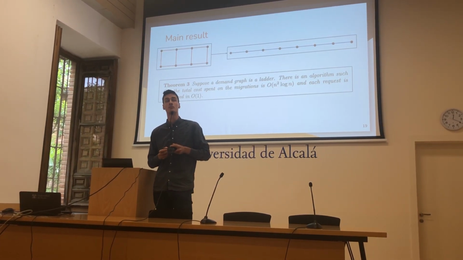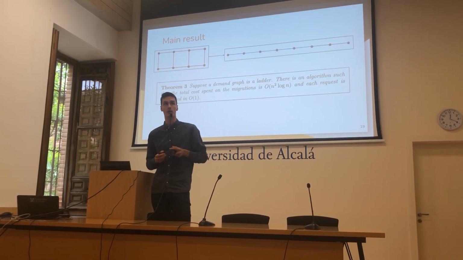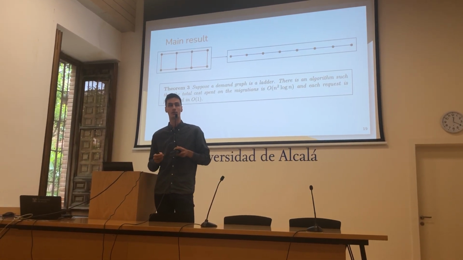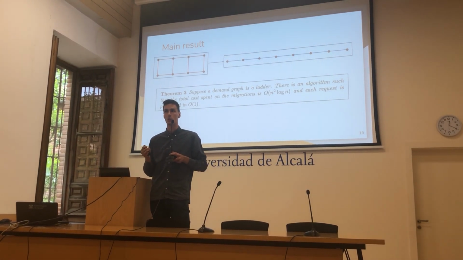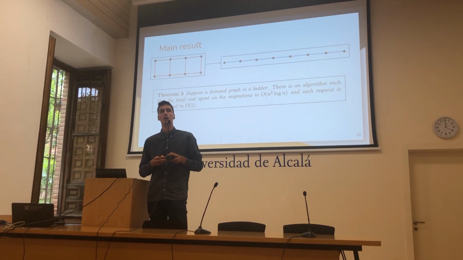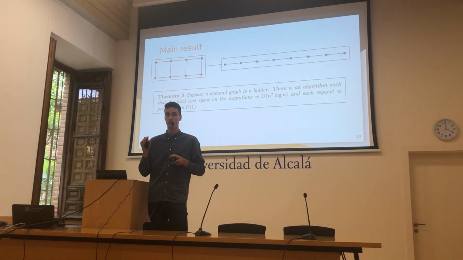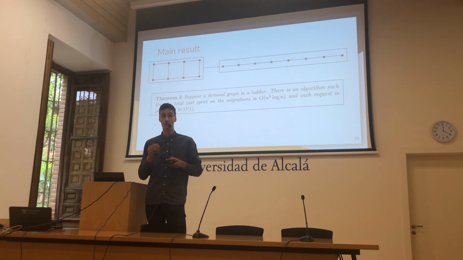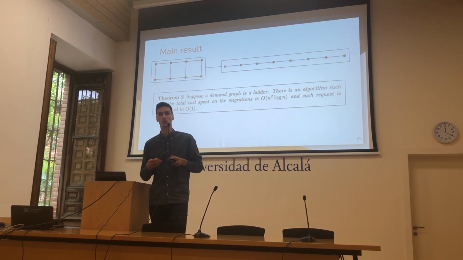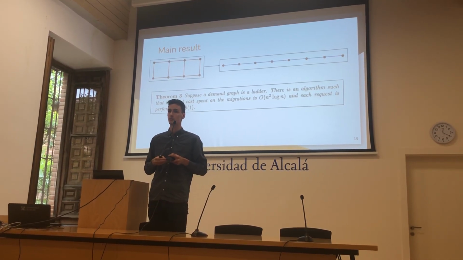What is our result? We made a step further, and we no longer consider a line demand graph, but rather we consider a 2 times n grid, a demand graph depicted here in the upper left. And I will refer to this graph as a ladder graph, because it looks like a ladder. So our theorem is a straightforward analogy to the previous theorem, and it says that there is an algorithm for the ladder which also spends n squared log n cost for doing swaps or migrations, and it still pays a constant cost for serving the request.